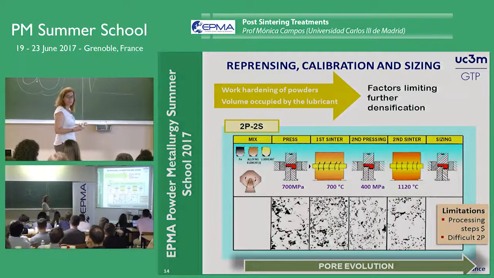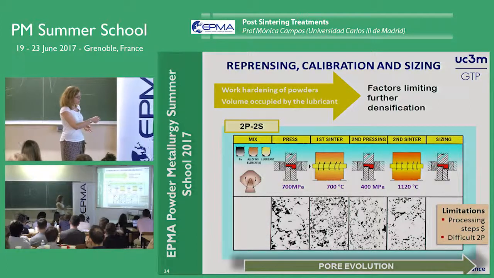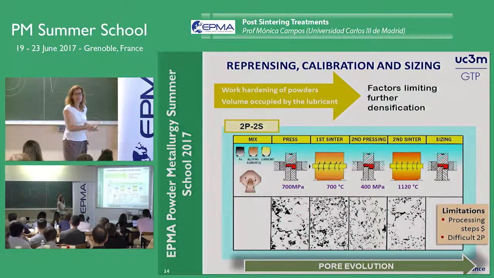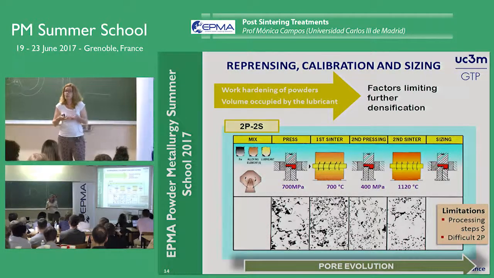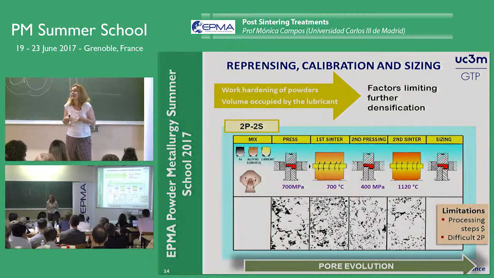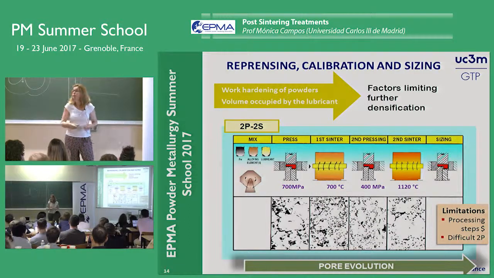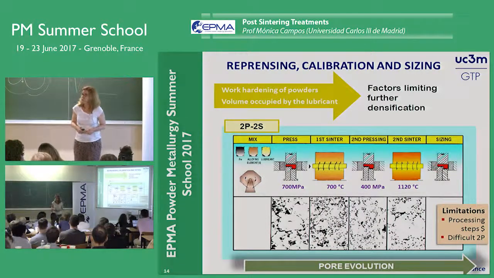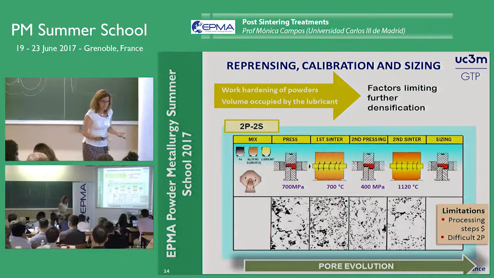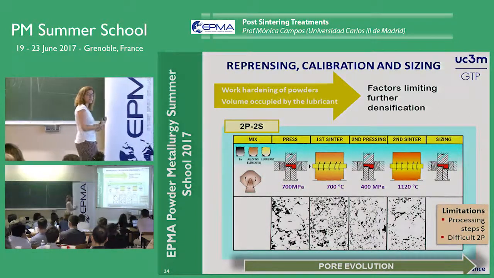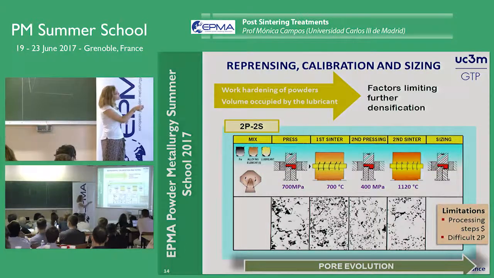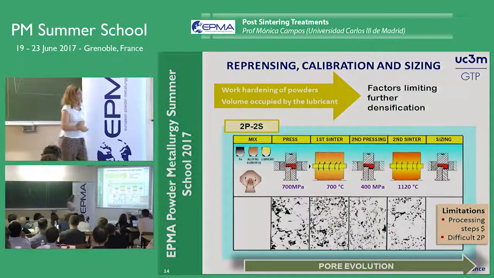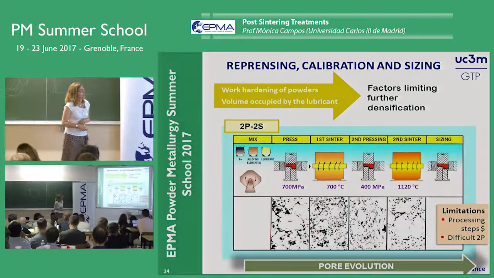This lubricant is going to burn out during the first sintering process, and then leave a lot of pores that we can use in the second pressing to increase the density of our material, because this volume is free. And then we can increase the density just taking into account this volume of the lubricant that we are not using in that component.